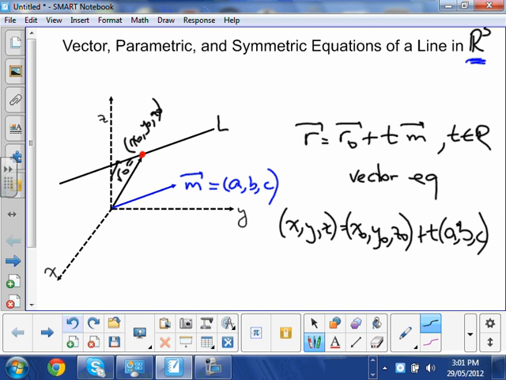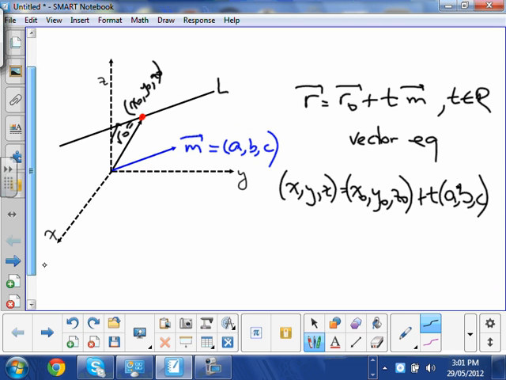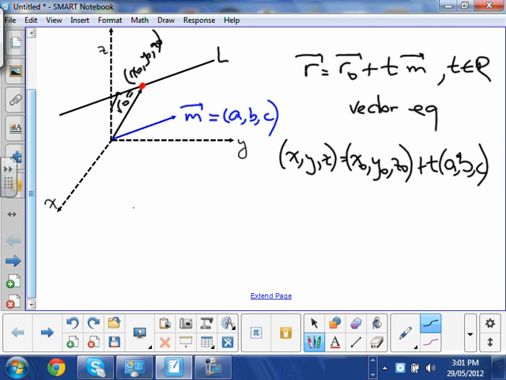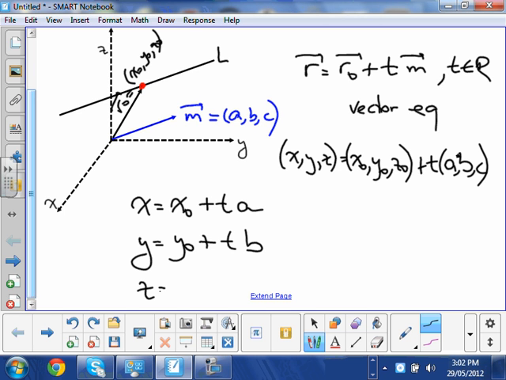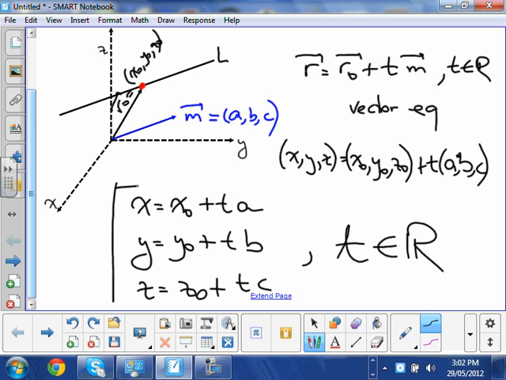As a result, I can write my parametric equations of the line as x equals x0 plus ta, y equals y0 plus tb, and z equals z0 plus tc, where t is a real number. What did I get here? Nothing else but parametric equations of a line. Good.